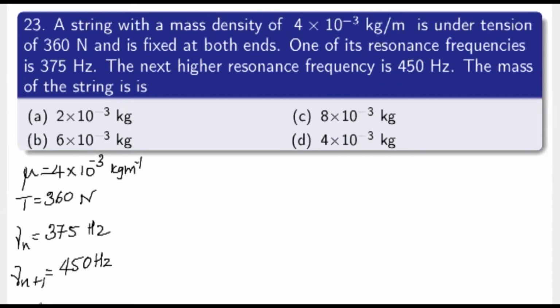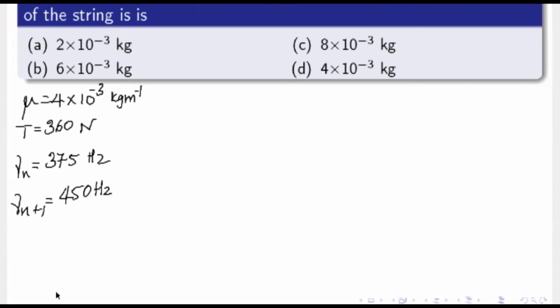So how do we calculate the mass of the string? By knowing mu, we have to calculate the length of the vibrating wire. But to calculate length, you should know the fundamental frequency, nu naught. So let us solve that one by one. For any two consecutive resonant frequencies, when both the ends of the string are fixed, all harmonics are present.